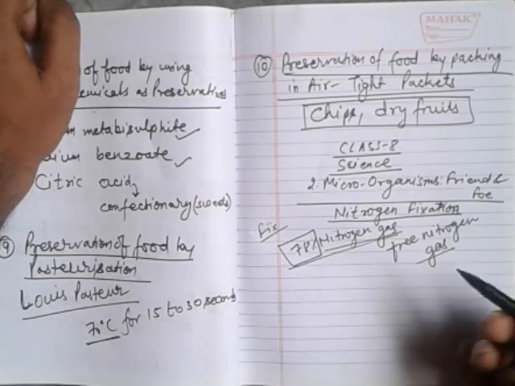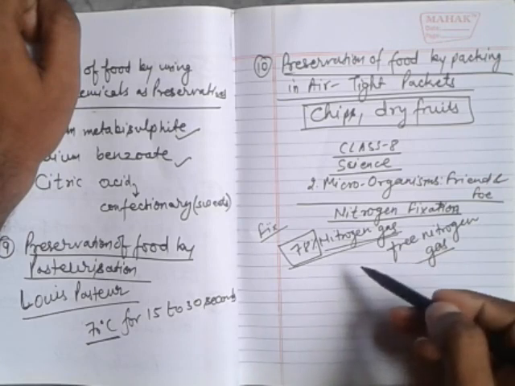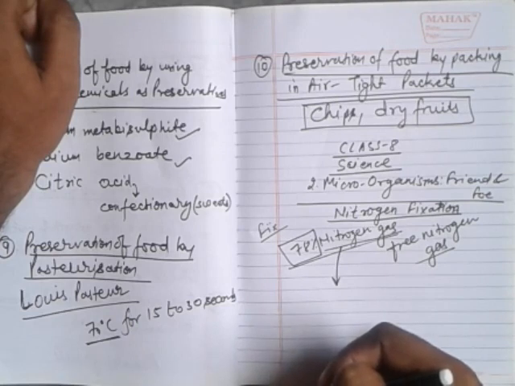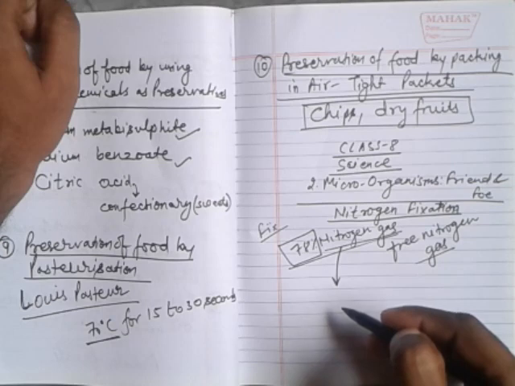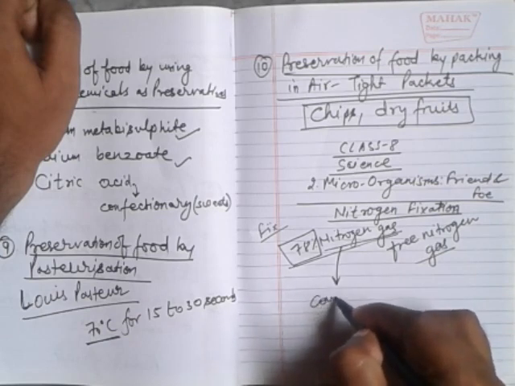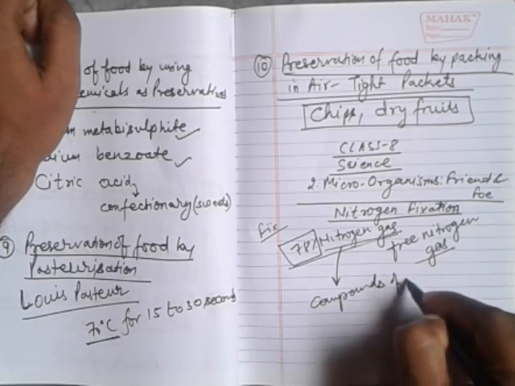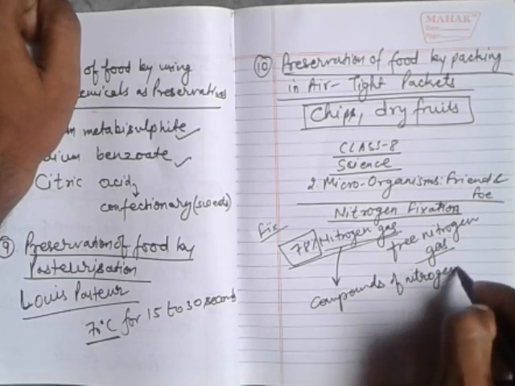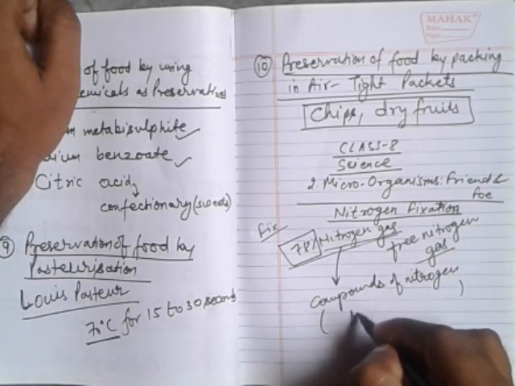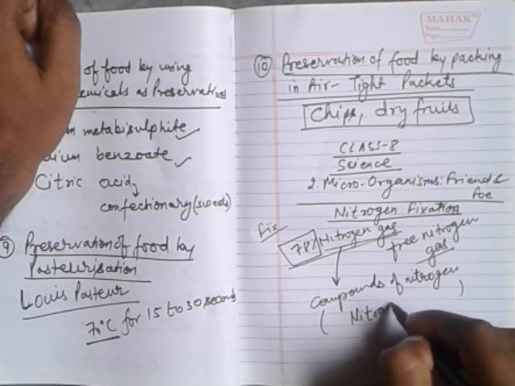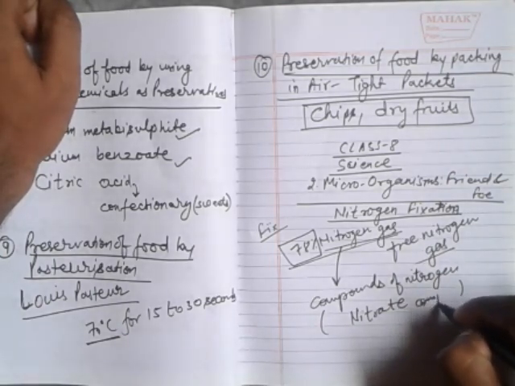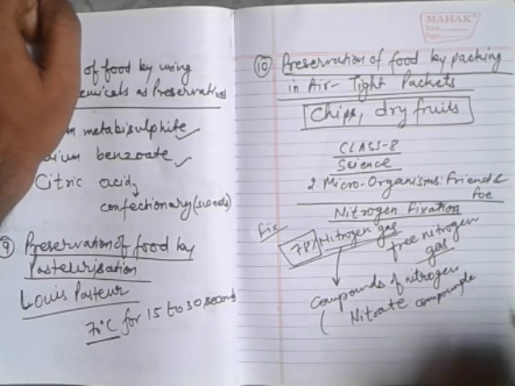So there is a need to convert this free nitrogen gas into the corresponding compounds of nitrogen, which we call nitrate compounds.